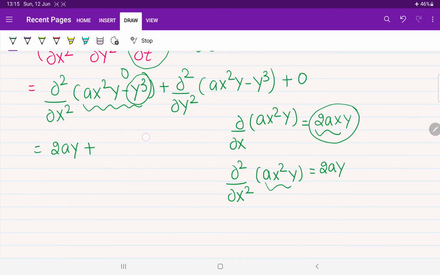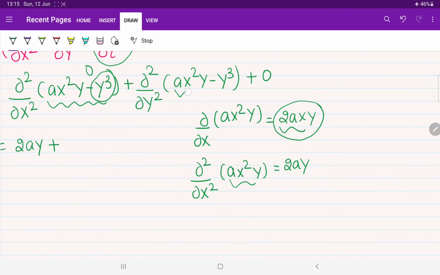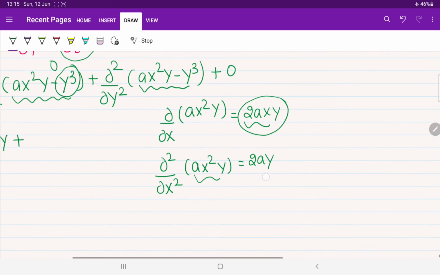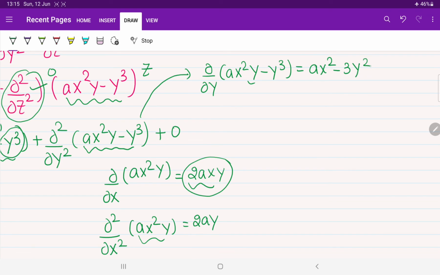Plus, if we take the second one, the first time differentiation with respect to y of a x power 2 y minus y power 3 will be a x power 2 minus 3 times y power 2.